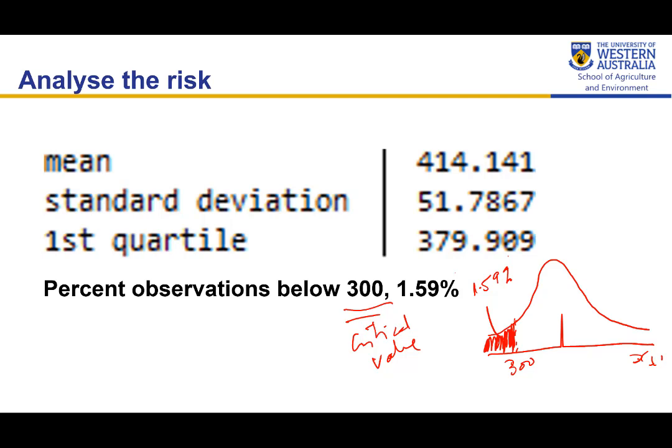So in this case, it's quite a small weight. That means that only around about 1.5% of the time would the stock be below 300 tons.